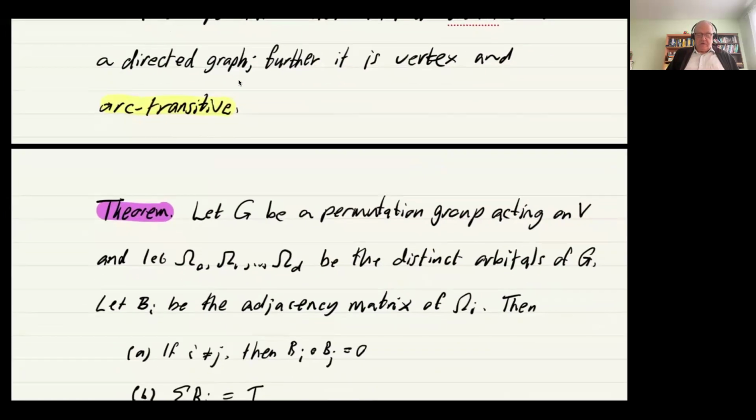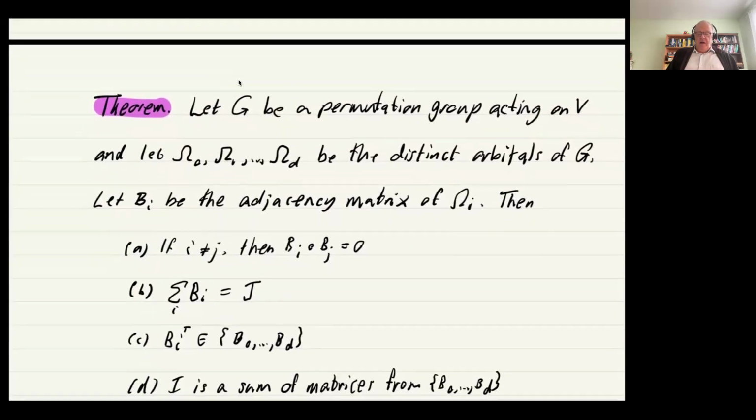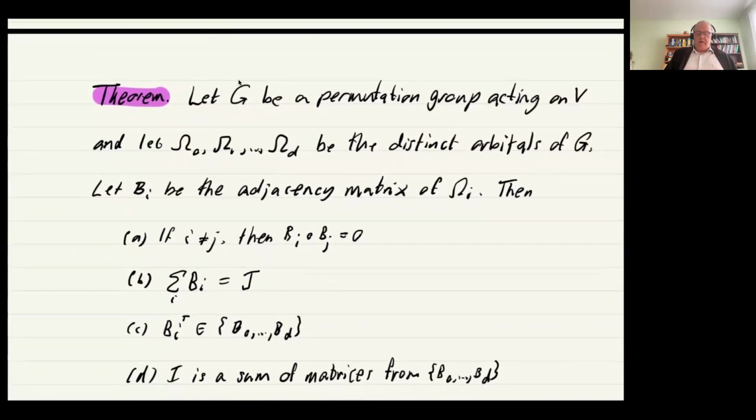Now, this is where it's going to get, you'll love this. The point is that by having a group acting transitively on a set, we get a partition of the ordered pairs of elements of the set into orbitals, each of which is a directed graph.